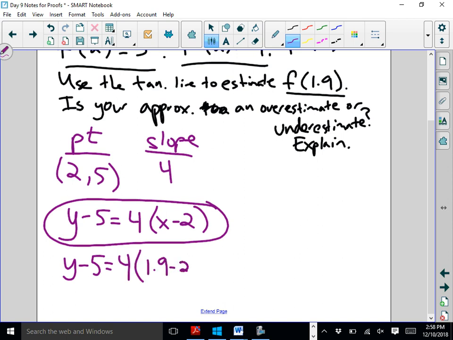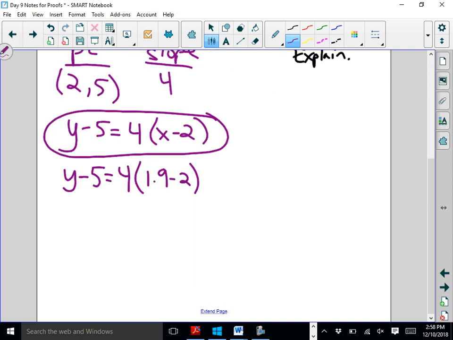1.9 minus 2 is, here's where you need to be careful, negative 0.1. Four times negative 0.1 is negative 0.4. And now I have to add 5 to that. Again, this is a place where you got to do this without a calculator and make sure you're accurate.